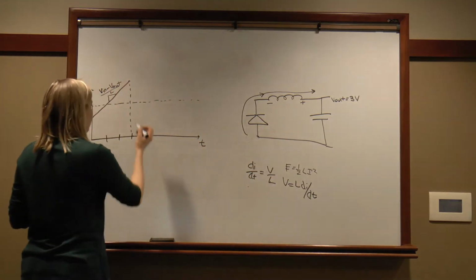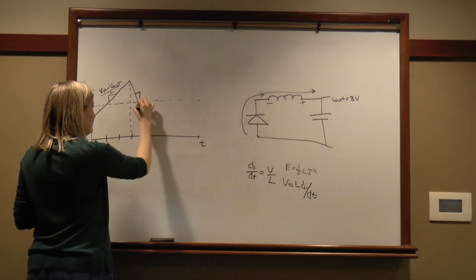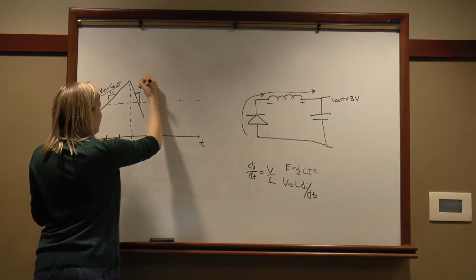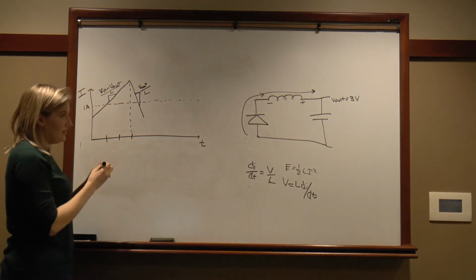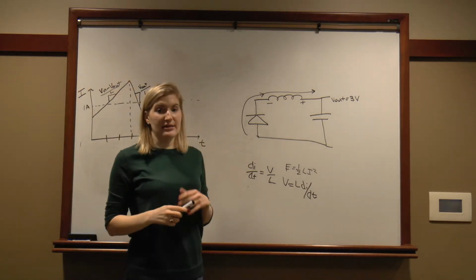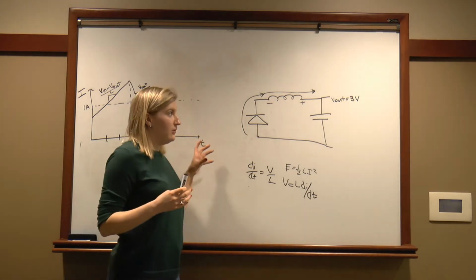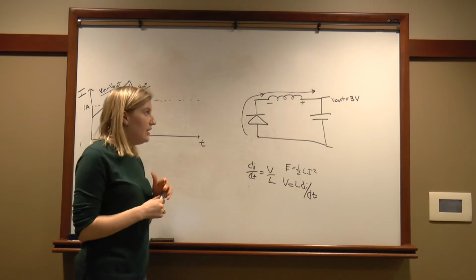So now here, this slope is V out over L. And we know our current is decreasing because E equals 1/2 Li squared, and our energy is being released from the inductor into the circuit.